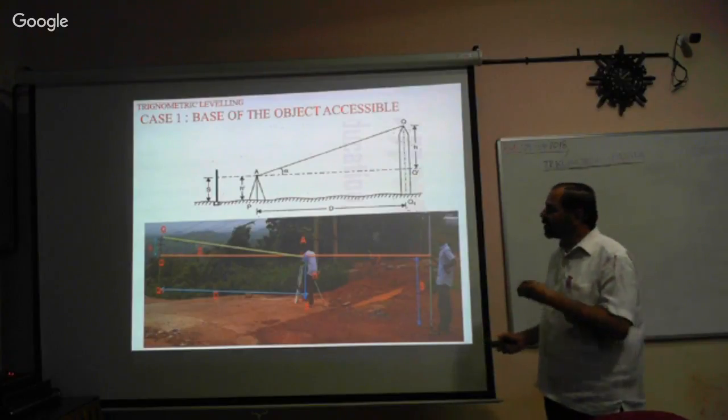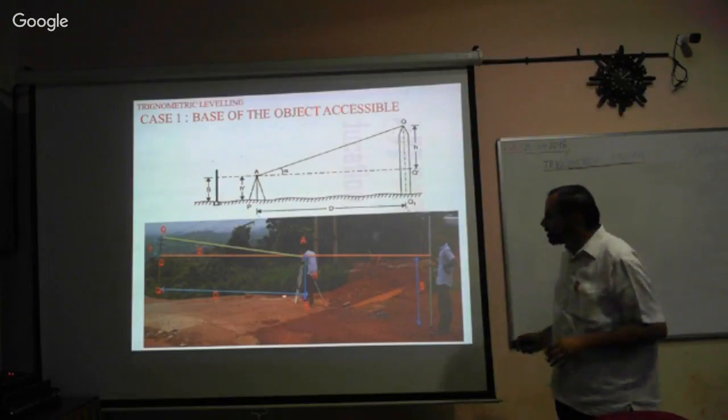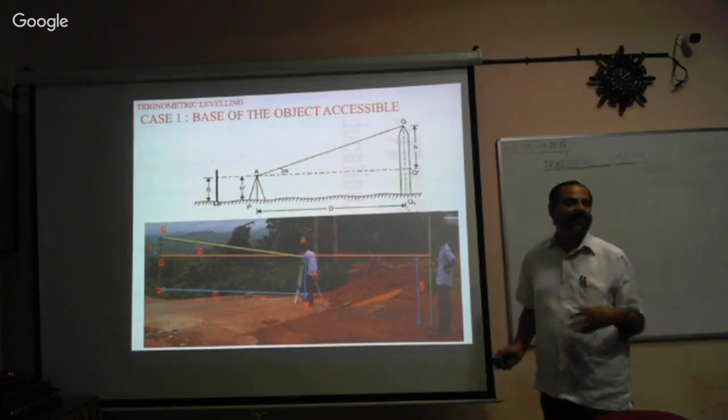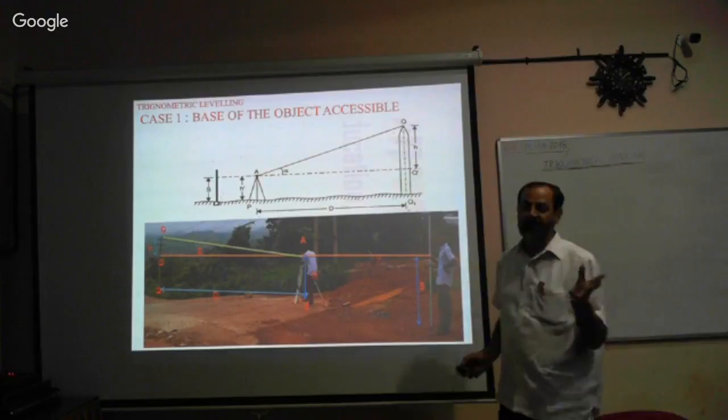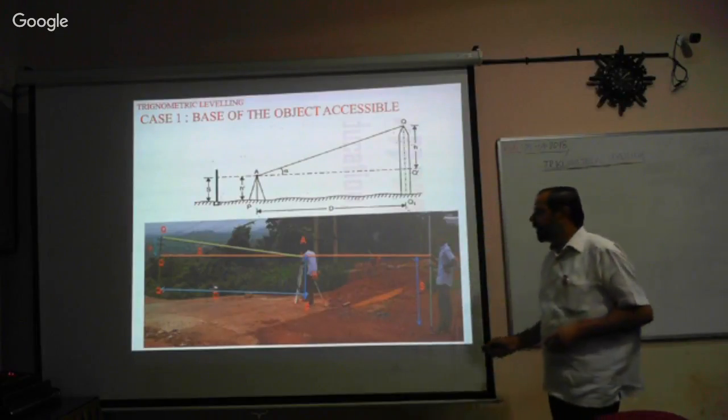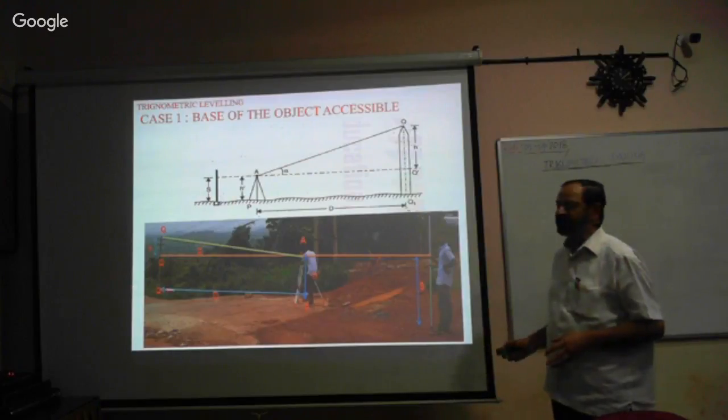After doing this, measure the distance from the instrument station to the object, using a chain or tape, whichever is convenient for you. Then, what is the next process?